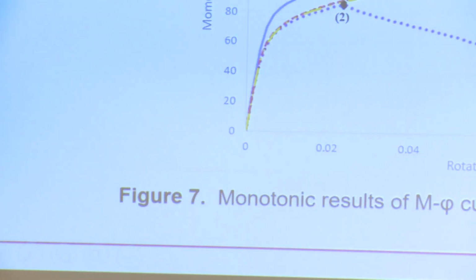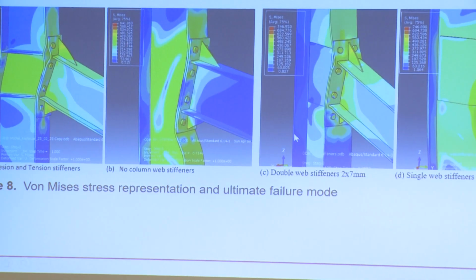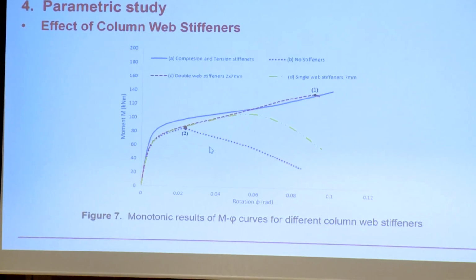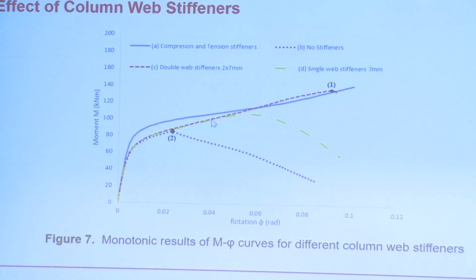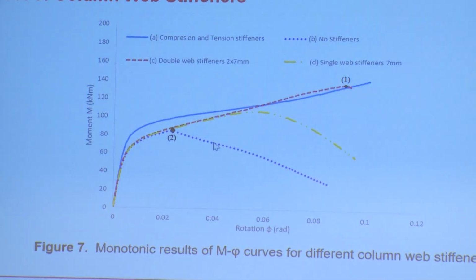The first curve includes tension and compression stiffeners with a thickness of 10 millimeters. Here are these 2 stiffeners, but I will show them later. Here we can see that the moment capacity and initial rotational stiffness of the joint are really increased if we use those 2 stiffeners.